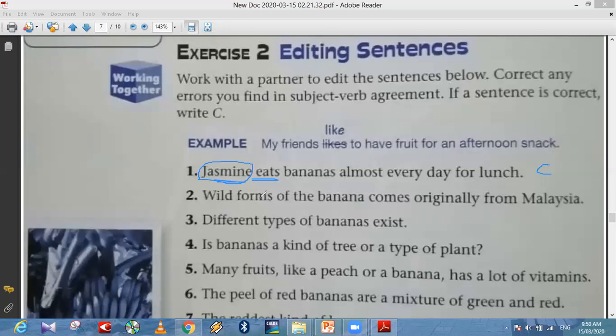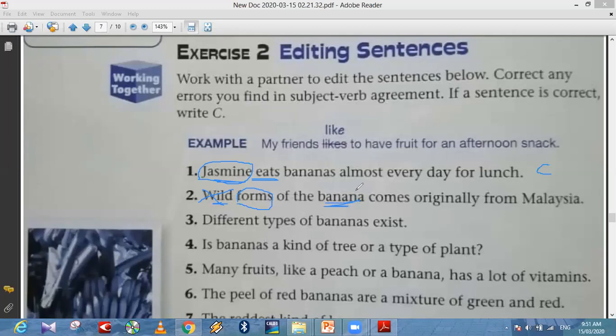Ahmad Ramadan. Wild forms of the banana comes originally from Malaysia. Ahmed, what is the simple subject of this sentence? Forms. Wild forms, that's right. Why not wild, Ahmed? Adjective. Yes, this is an adjective. So why not banana?